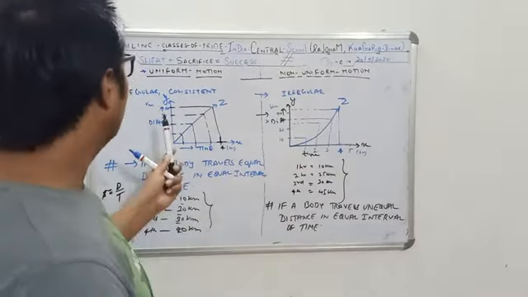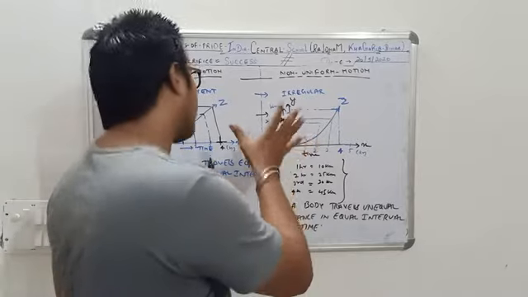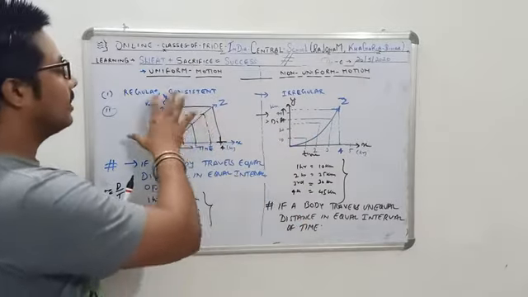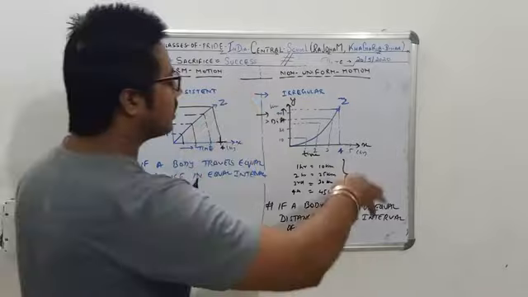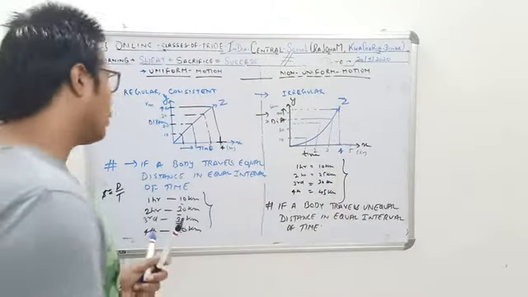I think you might have understood properly with the help of a diagram what a uniform motion is and what a non-uniform motion is.